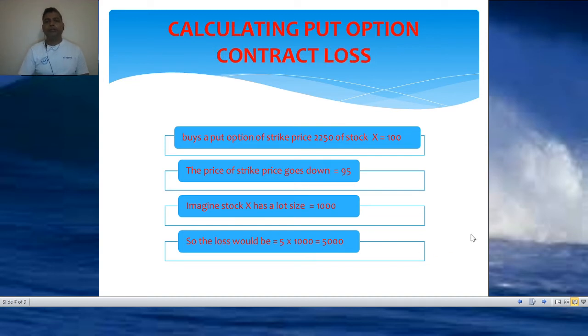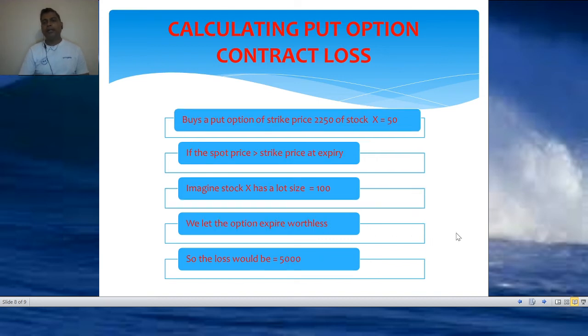Now let us see the put option loss. If the trader buys a put option of strike price 2250 of stock X at a premium of 100, and the premium goes down to 95, and stock X has a lot size of 1000, then the loss would be 5 into 1000, that is 5000.